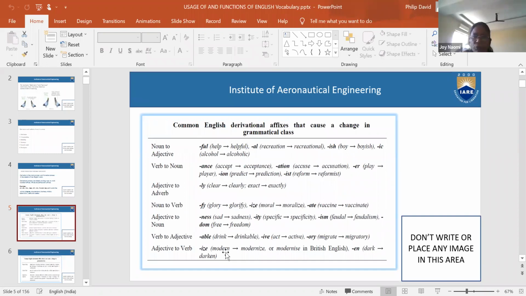Some more words that we got through derivation. Please continue reading. Q5, are you reading or somebody else wants to read? Please don't waste time.